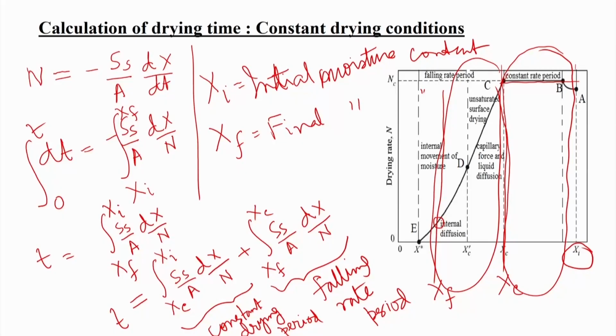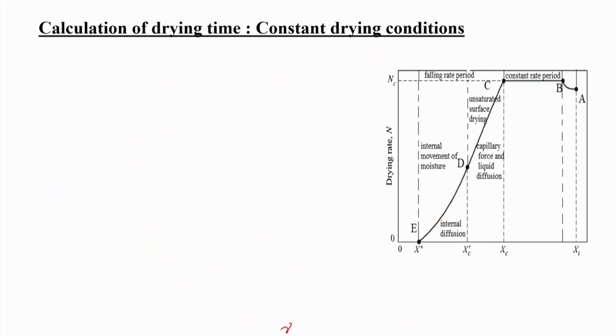The drying rate will remain constant at N_c until x_c, so N will be converted into N_c, because from x_i to x_c the drying rate remains constant. Now, we will discuss the first falling rate period and the second falling rate period.